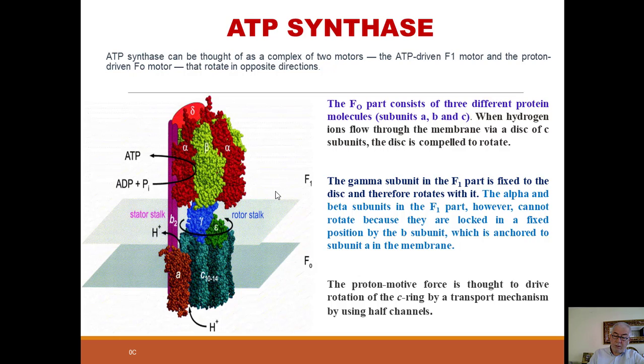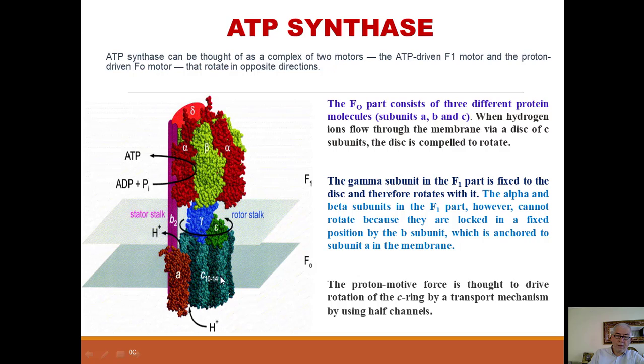It cannot be rotated back in the opposite direction because it is energetically unfavorable. The proton gradient favors binding protons from the intermembrane space and moving them to the matrix. The proton motive force is thought to drive rotation of the C ring by a transport mechanism using a half-channel system.